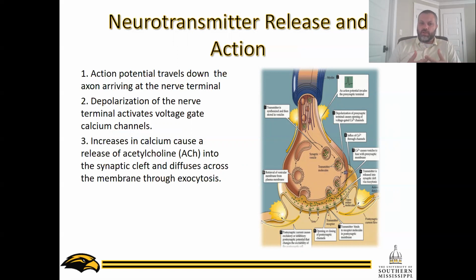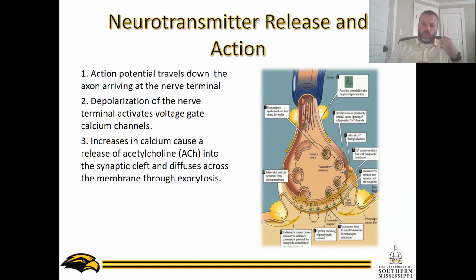And when calcium enters this nerve terminal, what this does is it triggers the release of the neurotransmitter acetylcholine. And acetylcholine is going to be kind of in these little buckets, I guess you would call them. And what it does is this vesicle is going to go all the way out to the edge, and acetylcholine is going to get dumped into the synaptic cleft or into this neuromuscular junction.